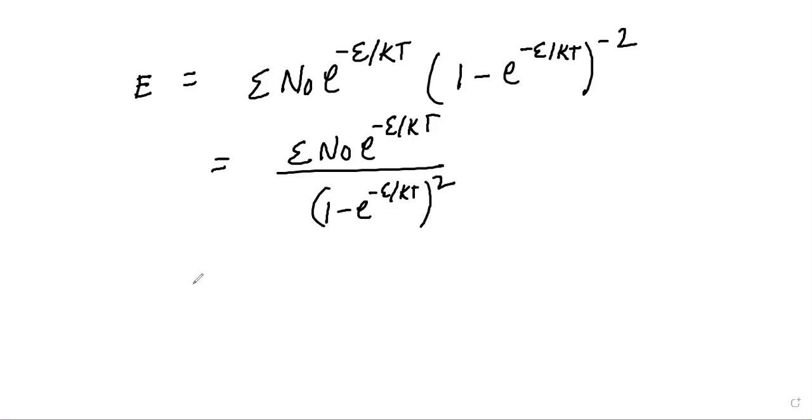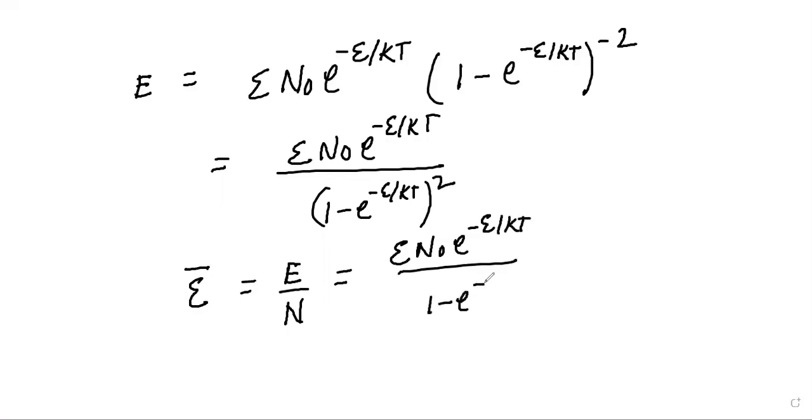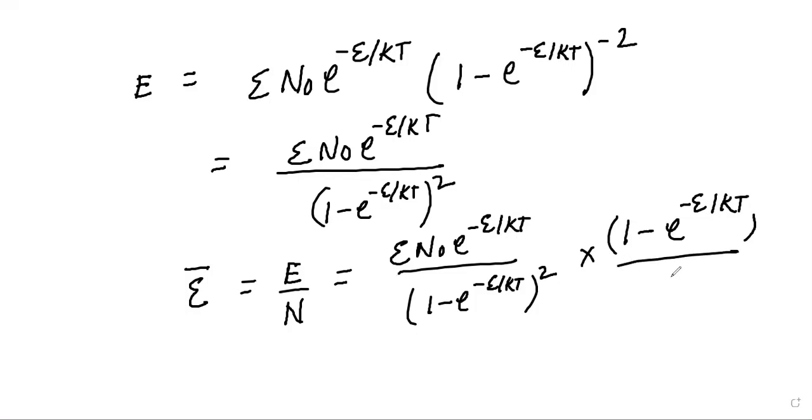You got this way. So now if you want to write out the energy per oscillator, which is E bar, it is actually E divided by N. So whatever E value we just got, that is E N0 e to the power minus E by kT divided by (1 minus e to the power minus E by kT) whole squared, multiplied with 1 by N, that gives us (1 minus e to the power minus E by kT), that we have already determined the value for N, divided by N0.